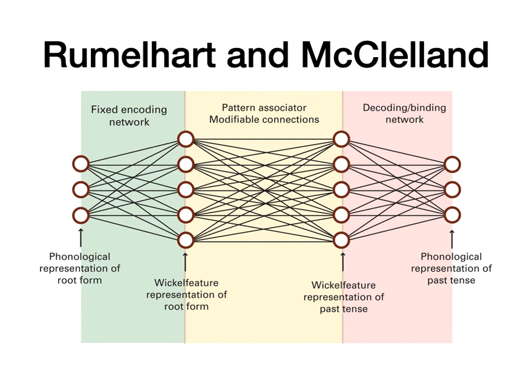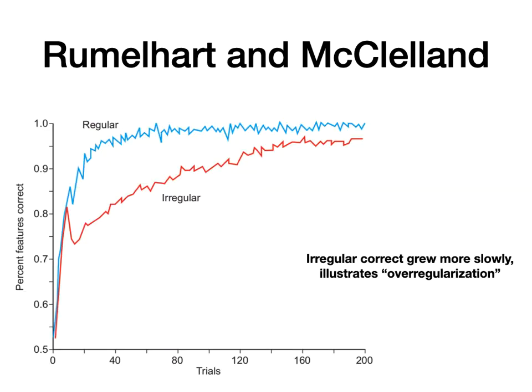First of all, can it do it? Can it distinguish between irregular and regular verbs and get the proper past tense? And then, if it can distinguish them, does it make the over-regularization error first? Does it start by doing the wrong thing just like kids do? And I'll tell you the answer is yes.